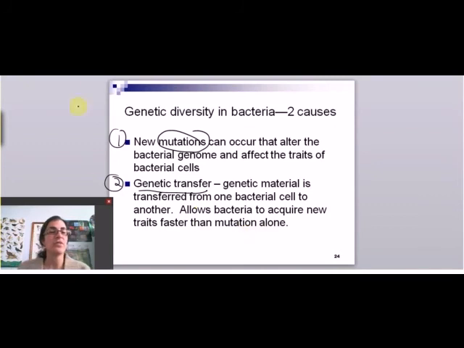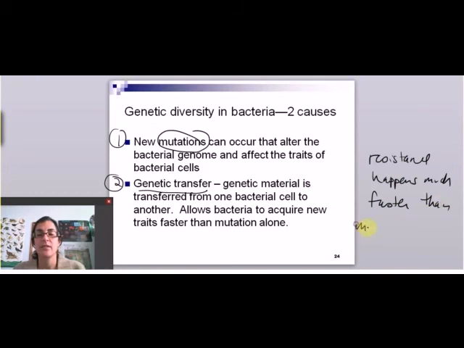And this was really important for scientists to realize, because we were somewhat mystified when we would see things like resistance happen much faster than the mutation rate would predict. Okay, so we know the mutation rate of bacteria, we know how fast they're going to get mutations, but we were seeing that bacteria became resistant much faster than that mutation rate could explain.